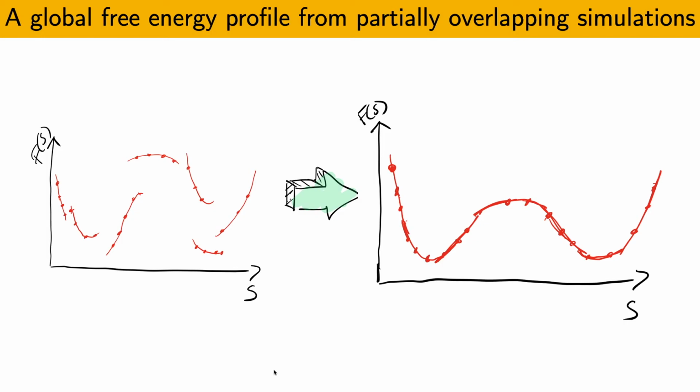So how can we get around this problem? One way of getting around the problem of identifying a specific path that connects two metastable states is to allow for the adaptive exploration of a collective variable space and the construction of a bias potential in an adaptive manner based on this exploration.